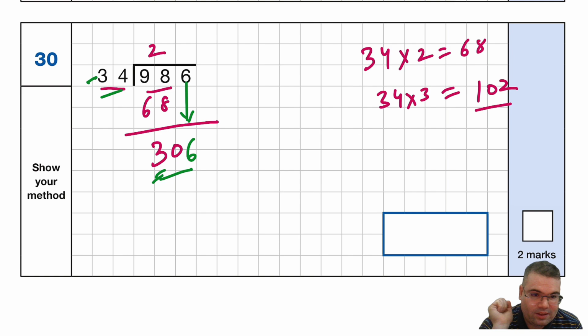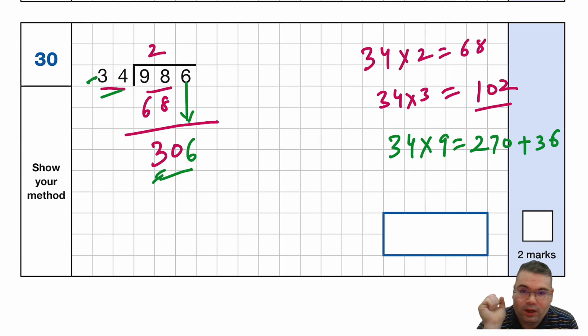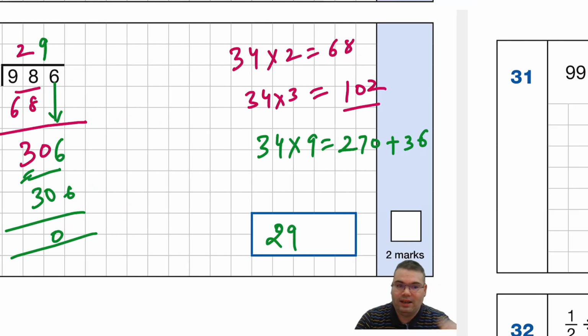So let's check that. 34 times 9, 30 times 9, 270, multiplication by partitioning, 9 times 4, 36. So 270 plus 36 is 306. So it goes perfectly. So times 9, this becomes 306. So this is 0. Okay. So our answer is 29.